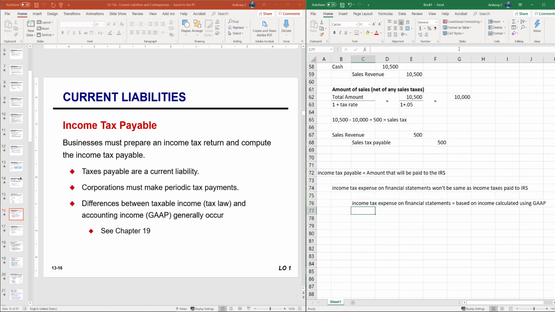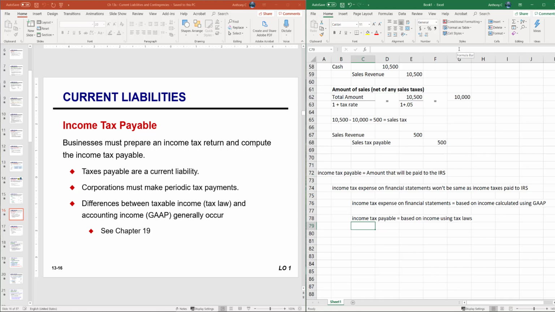Think about GAAP: it's just a set of rules. The income taxes we pay to the IRS, our income tax payable, is based on income using tax laws. In other words, what constitutes income under tax law isn't going to be the same as what constitutes income under GAAP.